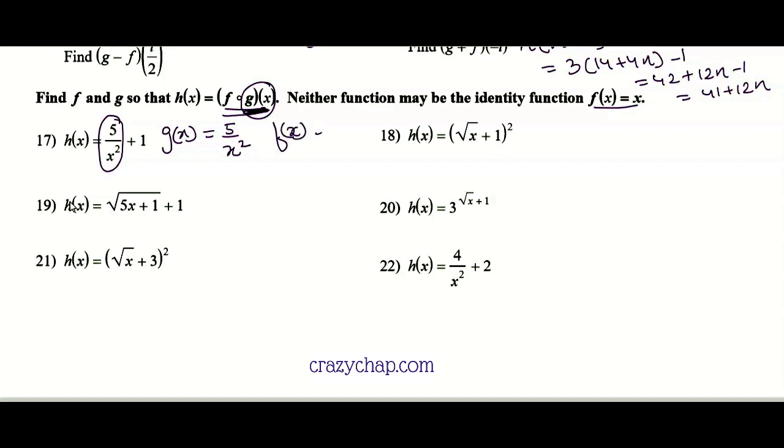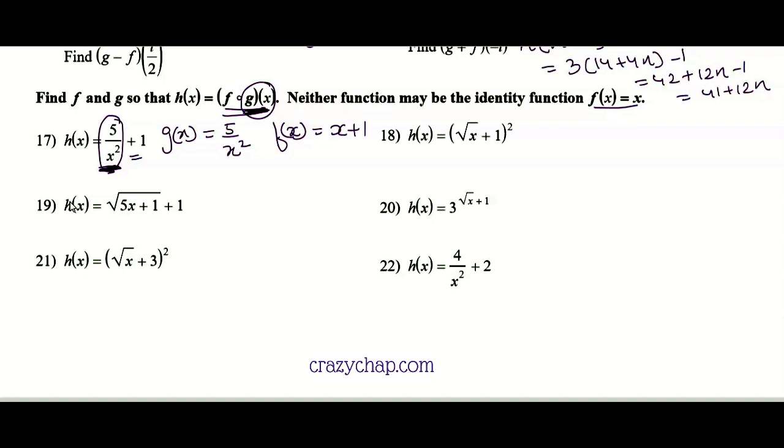For what you supposed as your g(x) function, you just say it as x. For 5 over x square, I just wrote x, and then I said x plus 1 because this is plus 1. So the g(x) function is 5 over x square and f(x) is x plus 1, guys. You can cross verify your answer like this.